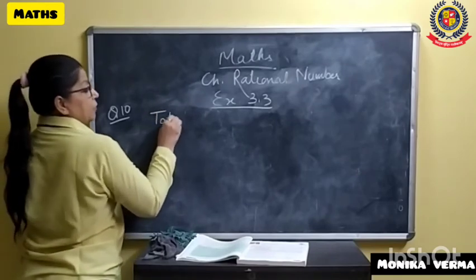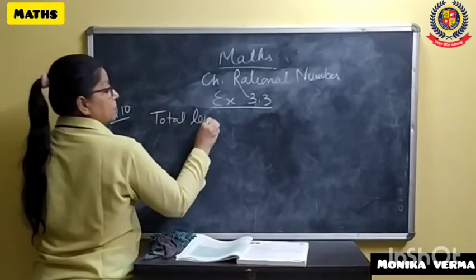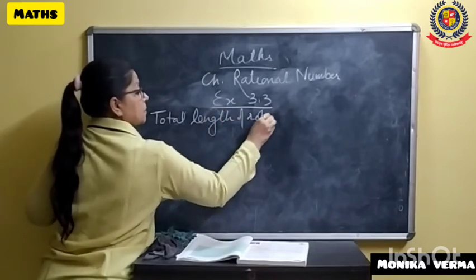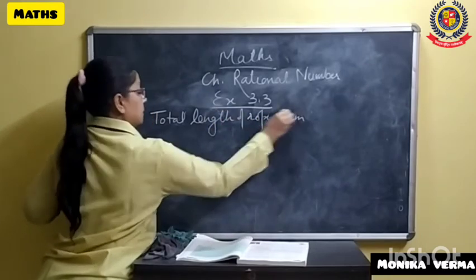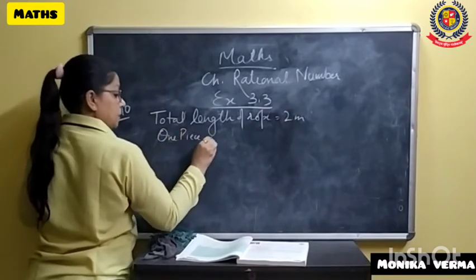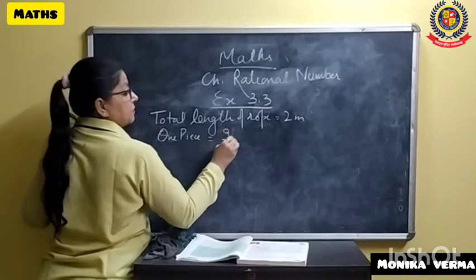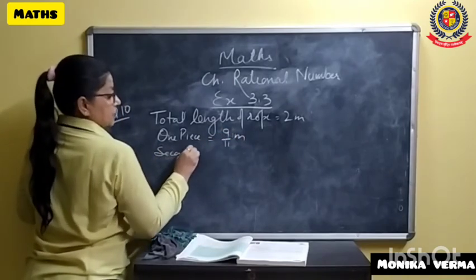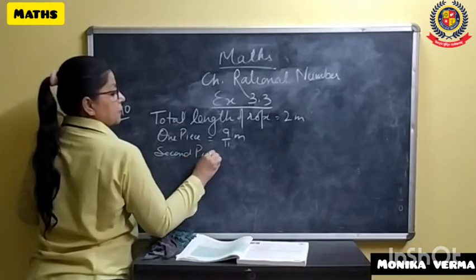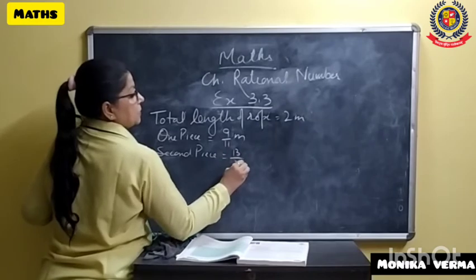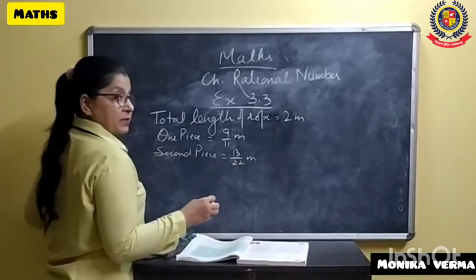So total length of rope is two meter, one piece is 9 by 11 meter, second piece is 13 by 22 meter. Now we said how much is left.